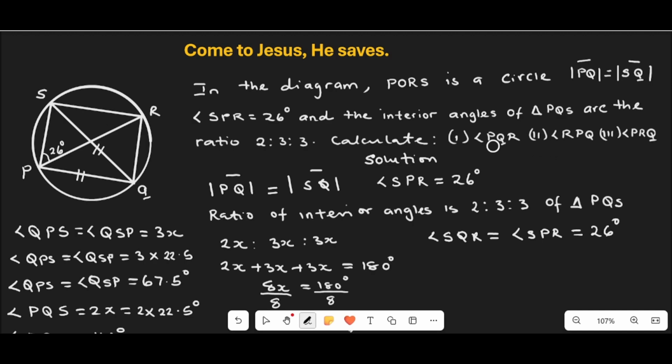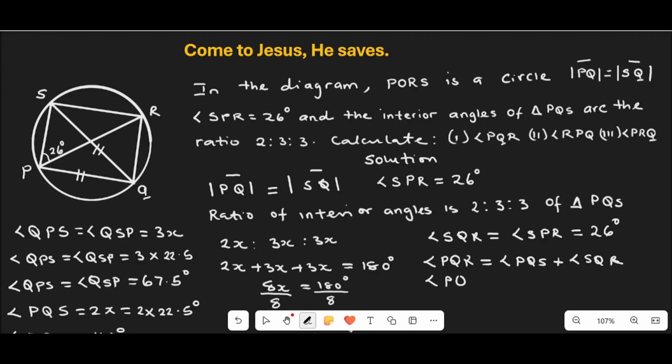Now let us find angle PQR. Angle PQR is the summation of angle PQS and angle SQR. Angle PQR equals angle PQS plus angle SQR.